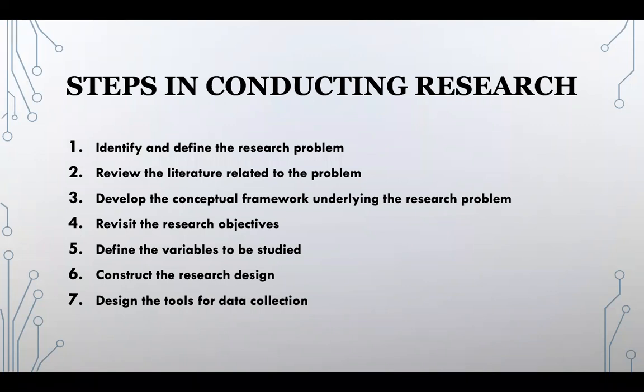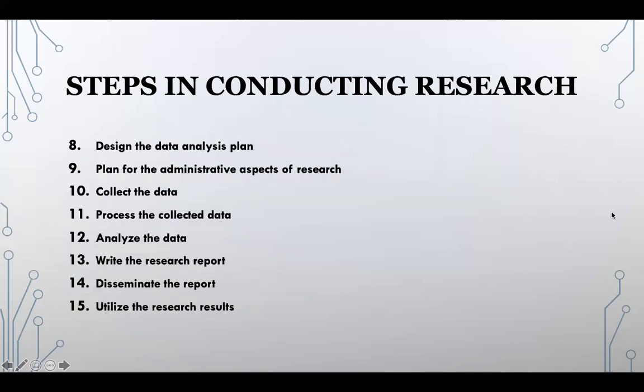So the first is to identify and define the research problem. We have to review the literature related to the problem, develop the conceptual framework underlying the research problem, revisit the research objectives, define the variables to be studied, construct the research design, design the tools for data collection, design the data analysis plan, plan for the administrative aspects of research, collect the data, process the collected data, and analyze the data, write the research report, disseminate the report, and utilize the research results.